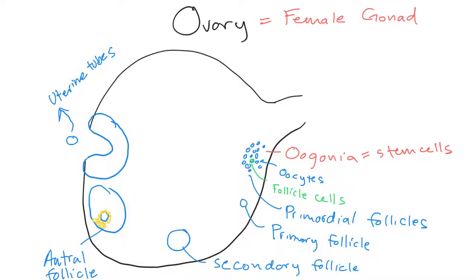But the structure that remained behind, that formed the antral follicle, then forms what's called the corpus luteum. It becomes a glandular structure that secretes progesterone, and progesterone is important for maintaining the conditions for pregnancy.